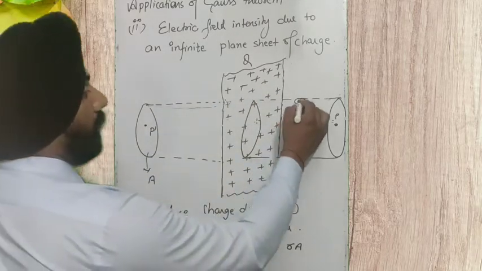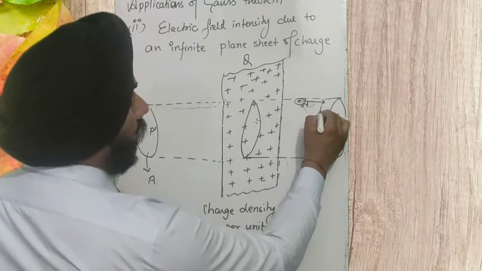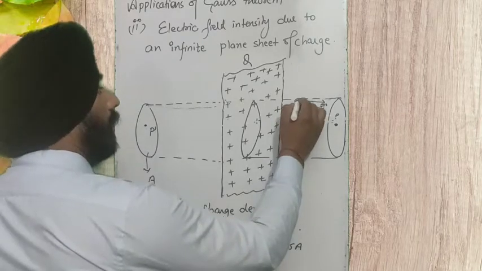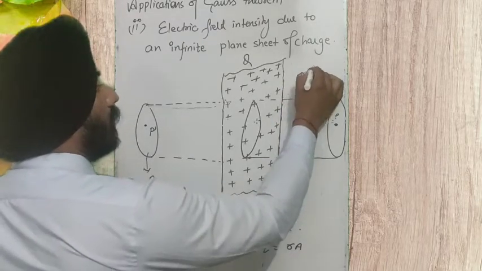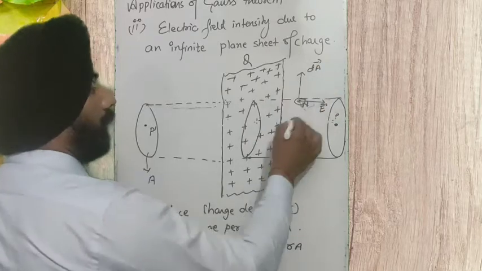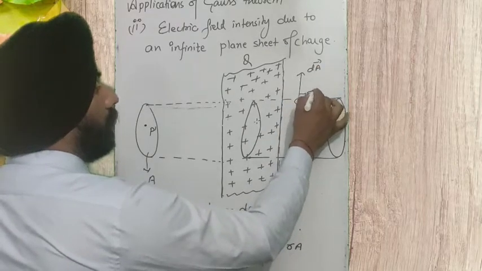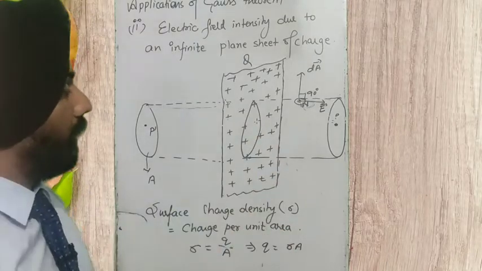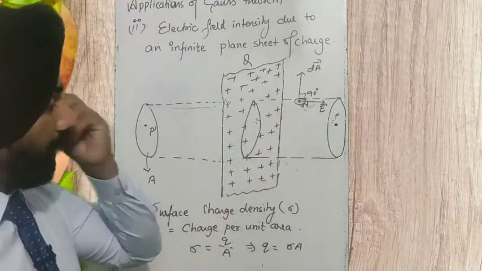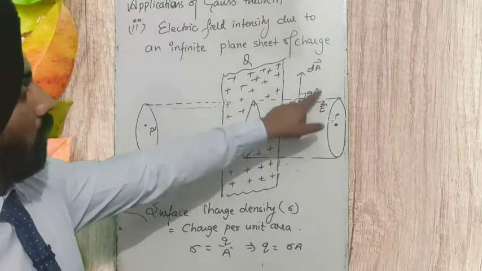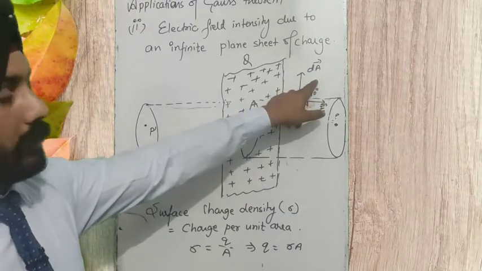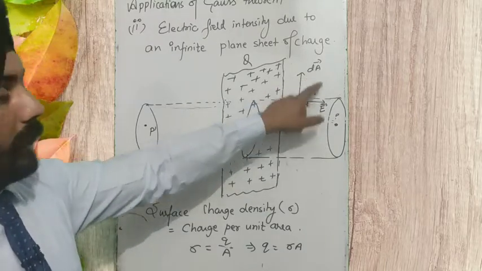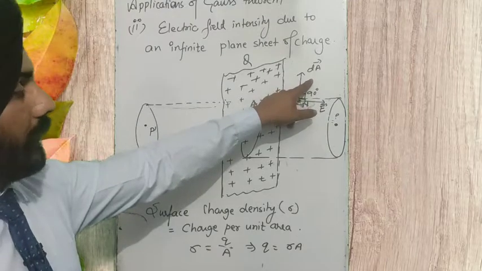The electric lines will be parallel to the curved surface, and the area vector dA of the curved surface is at 90 degrees to them. When they are inclined at 90 degrees, the dot product is 0, because electric flux is E dot dA, which is E dA cos 90, and cos 90 is 0.